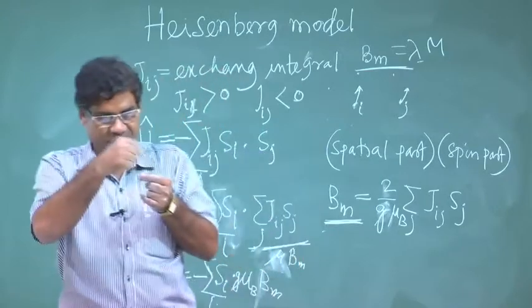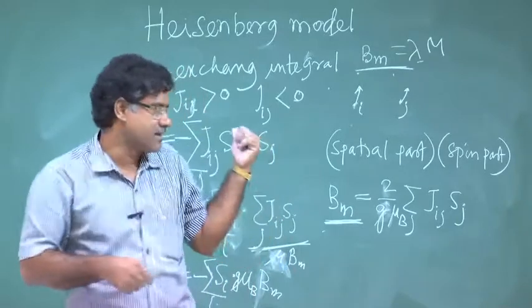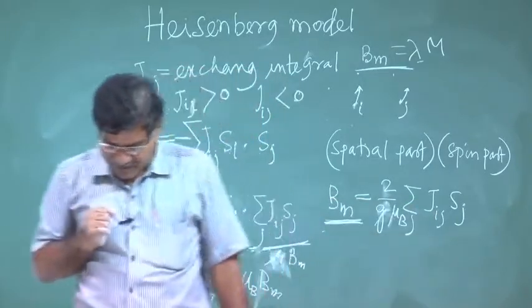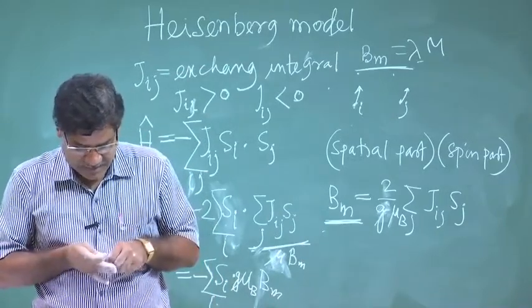So the distances are the same, and J I J will be the same for all. If I take J E, then Bm is only for the nearest neighbor.